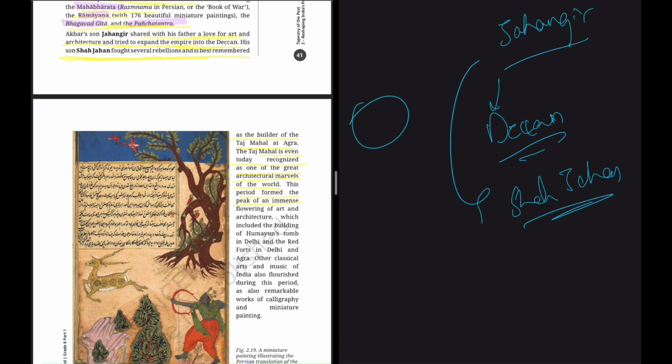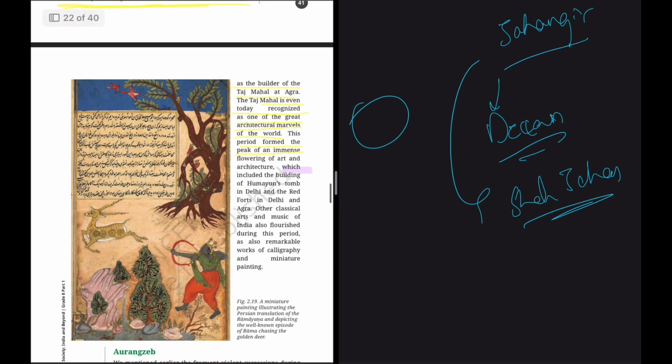So Akbar and Jahangir also showed their interest in art and architecture, and the love for it peaked in the Mughal rule under Shah Jahan, which included the building of Humayun's tomb in Delhi and the Red Forts in Delhi and Agra. So famous places are the Humayun's tomb and the Red Fort. Other classical arts and music of India also flourished during this period, as also remarkable works of calligraphy and miniature paintings.